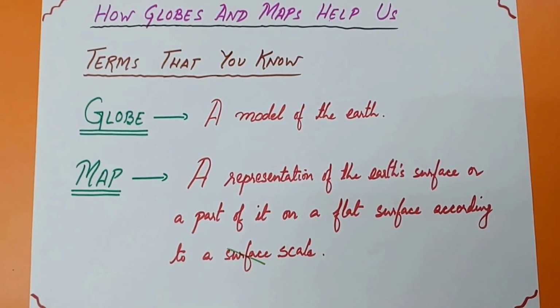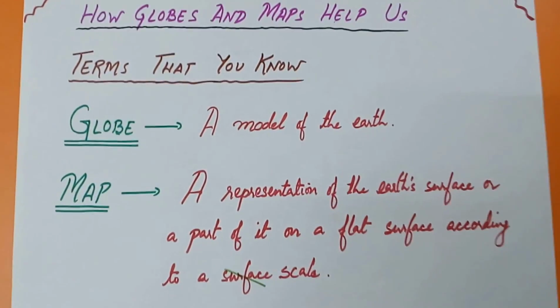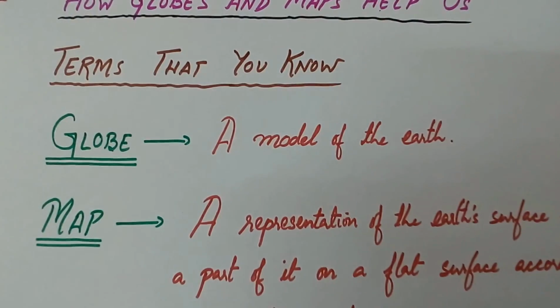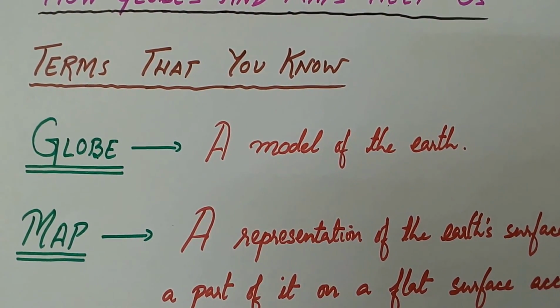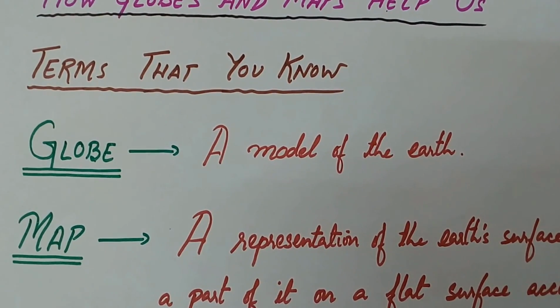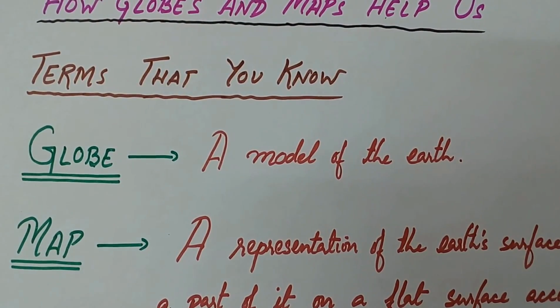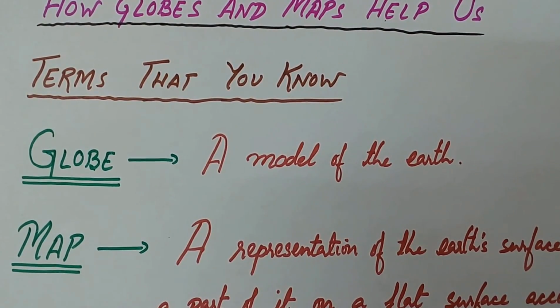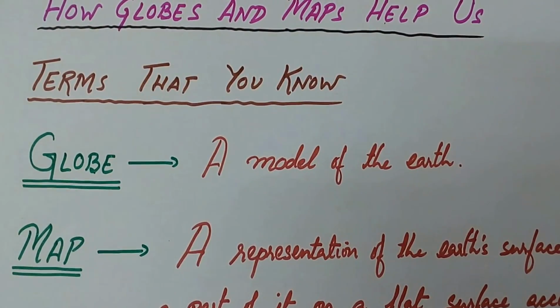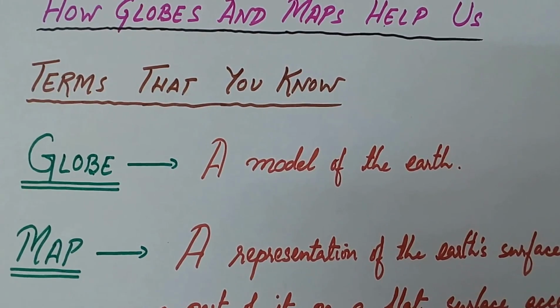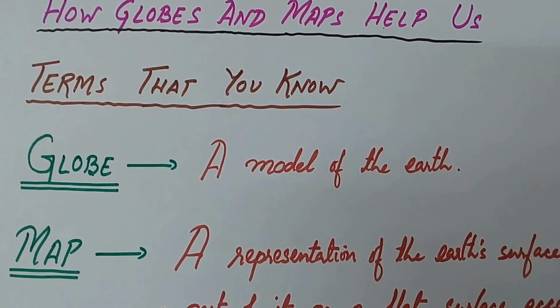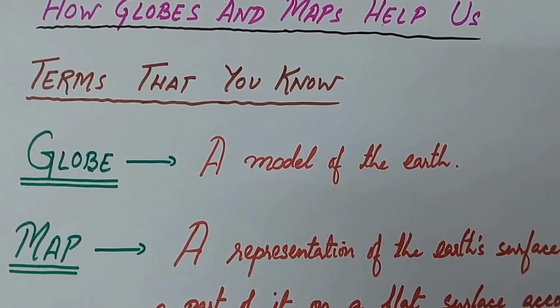We'll see the terms that you know. The first topic is globe, a model of the earth which is identical to the earth. If we see the globe, it will look as the earth looks.